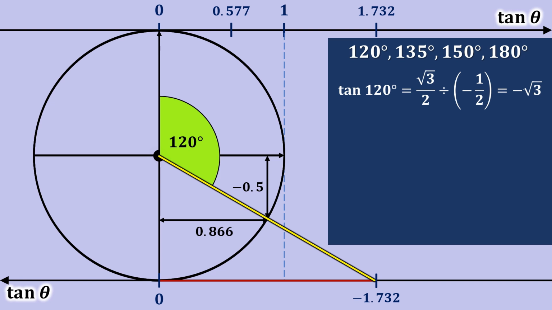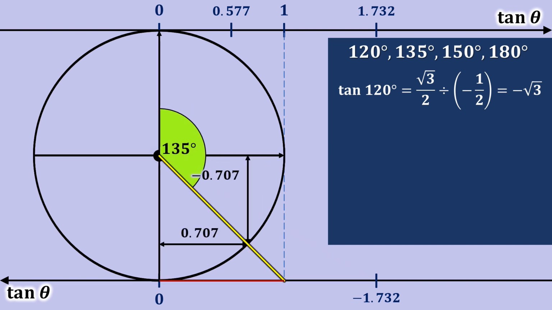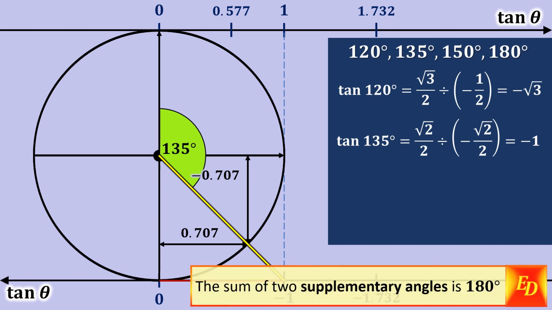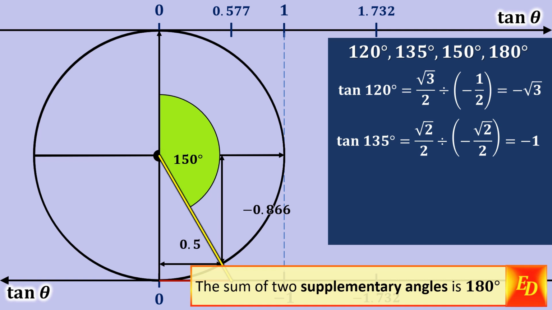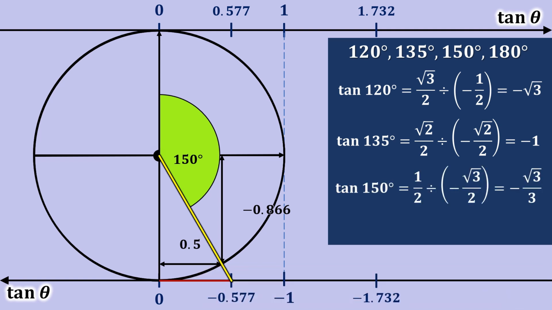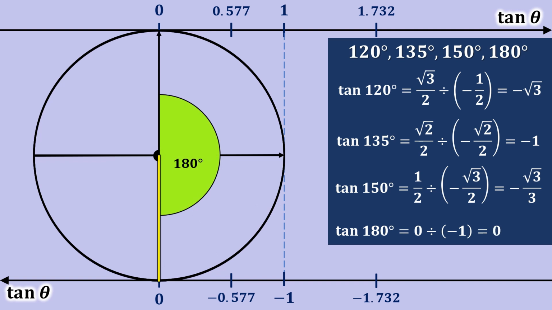This is because the sine is positive while the cosine is negative. Tangent 135 is minus 1, negative version of tangent 45, its supplementary angle. Tangent 150 is minus root 3 over 3, and tangent 180 is back to 0.